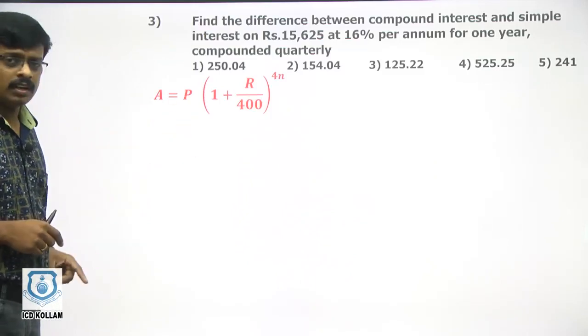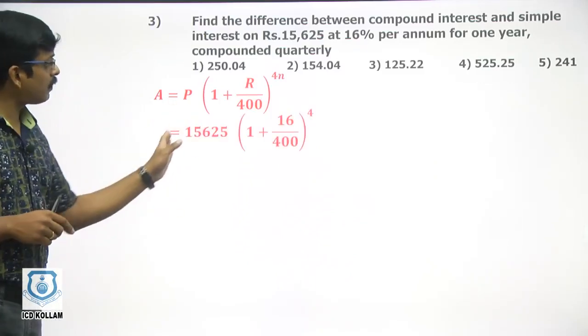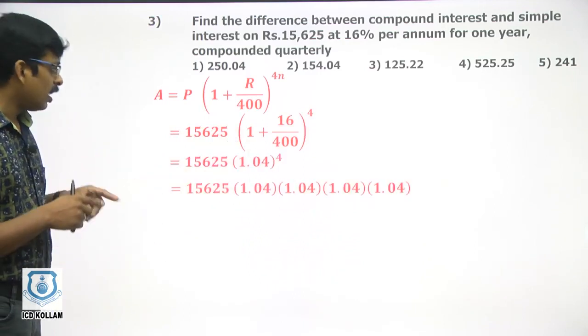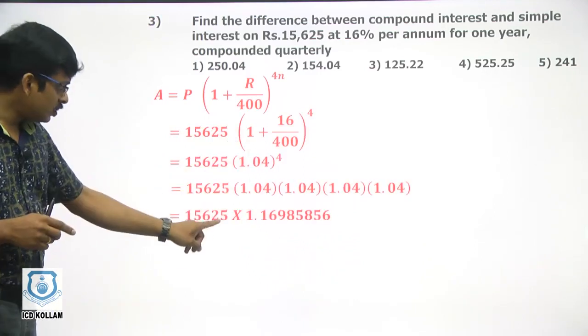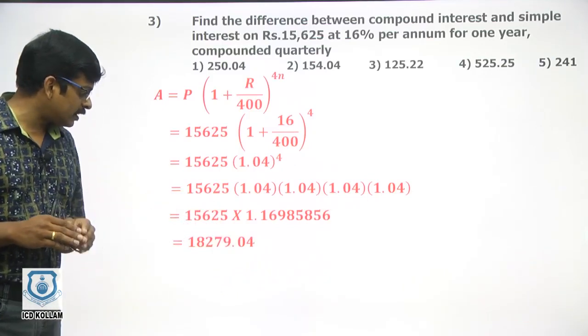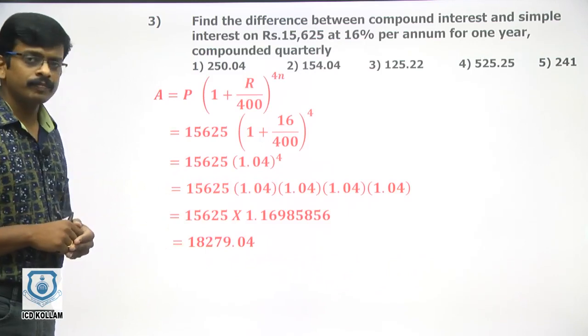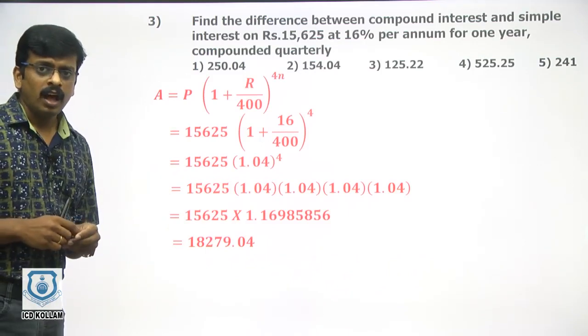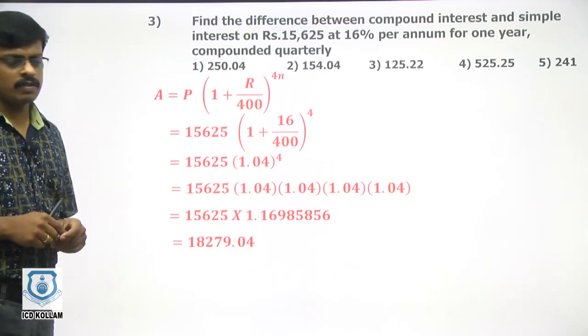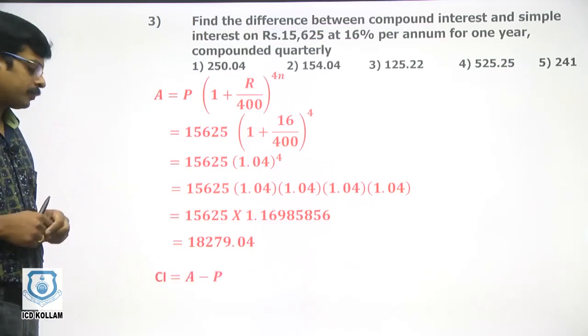This is the equation. We can substitute the values and we get this big number, finally 18,279.04 as amount.